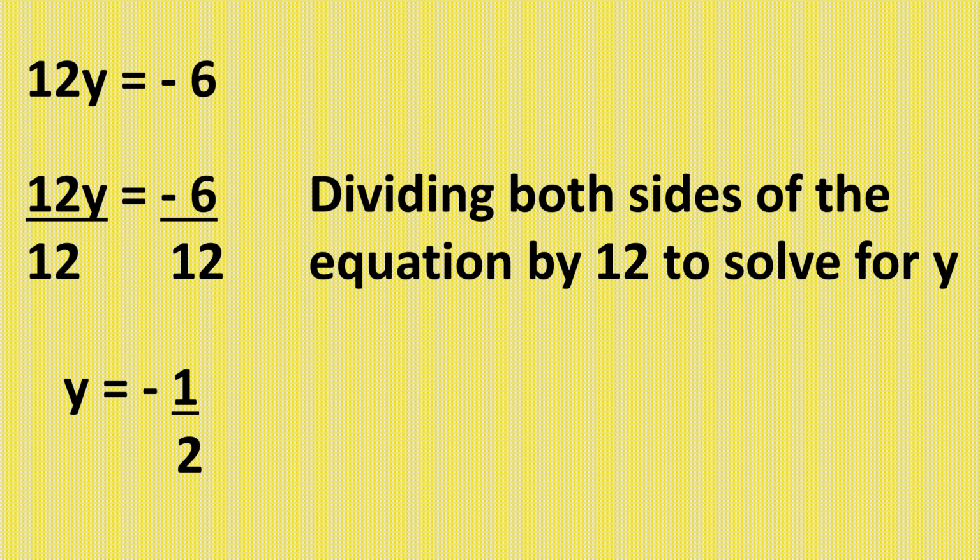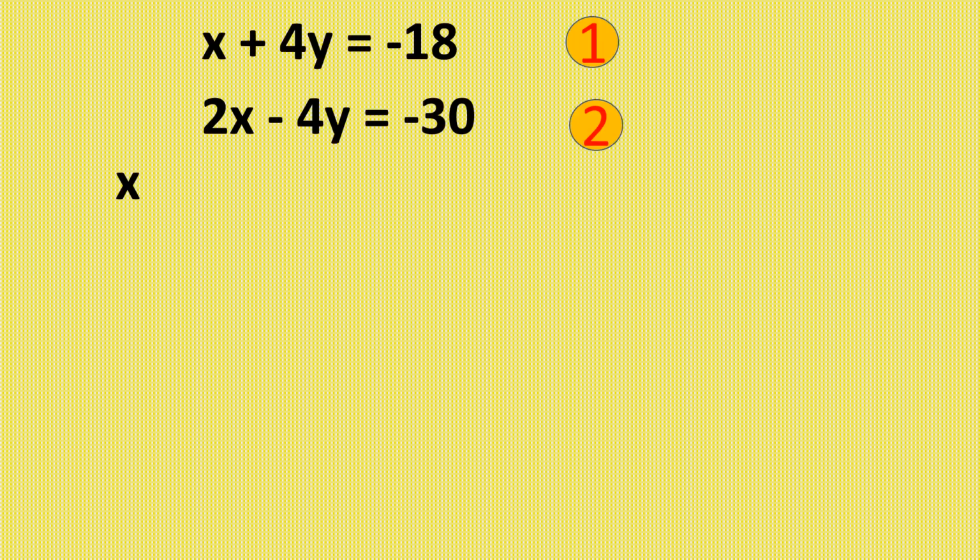So we have y is equal to minus half. Take note, we have solved for both x and y. So our x is equal to minus 16 and our y is equal to minus half. So these are the solutions to the simultaneous equation.